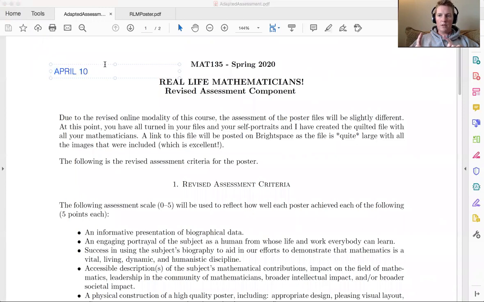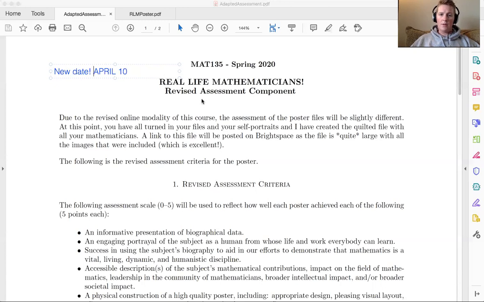And because the file is so large, the complications with that are not something we have time to work out, in addition to the fractal project that we have going on. So the new due date, again, is April 10th. I've updated that in Brightspace.